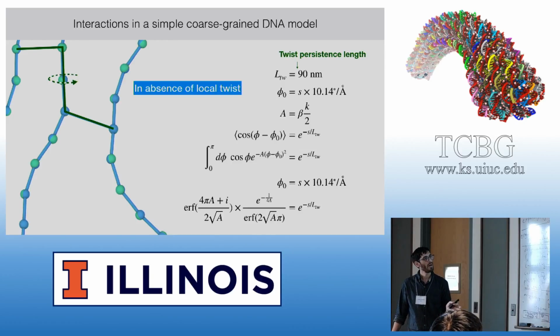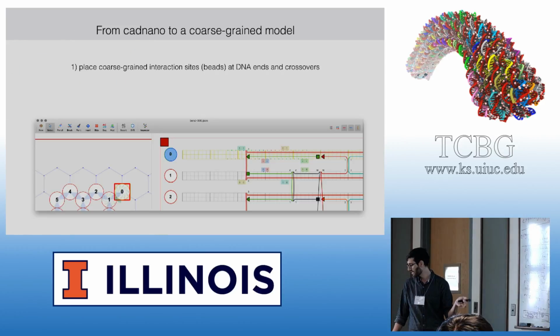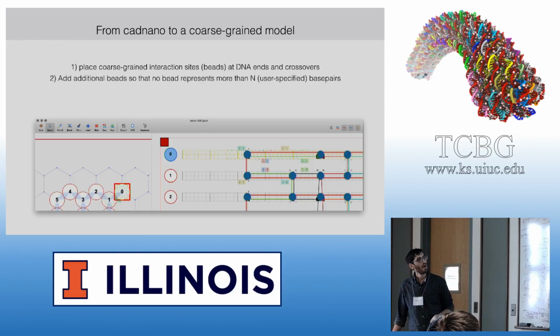Okay, so you typically start with, say, a CADnano nanostructure, and then we have code that will place a bunch of beads at the ends of each duplex and at all of the crossover sites. And then these get placed in between at a user-specified density.